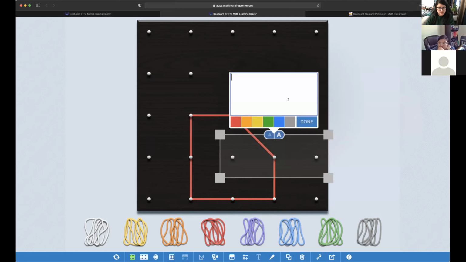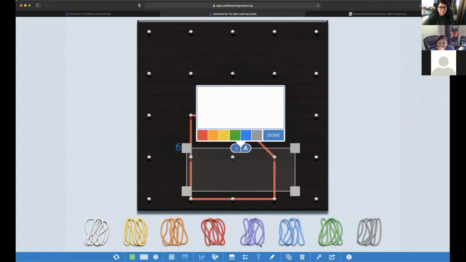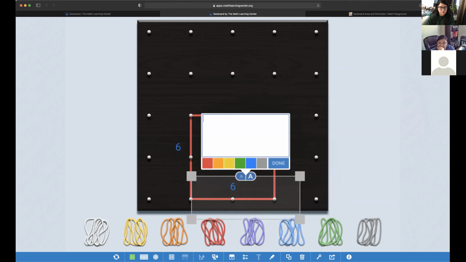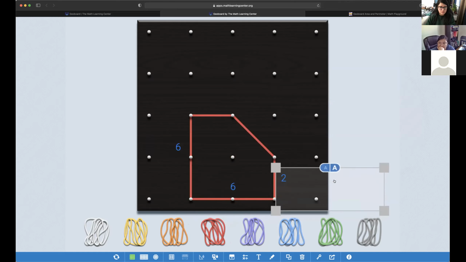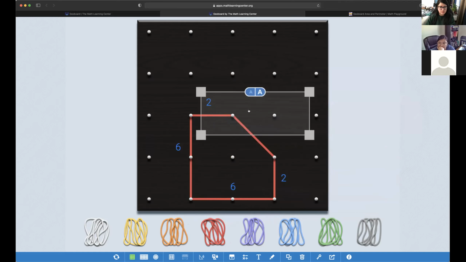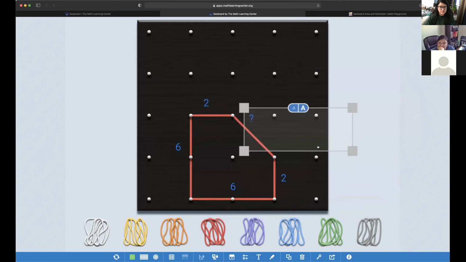So I'm just going to put some side lengths here. All right, so there are some side lengths, but then we also have a missing side length.